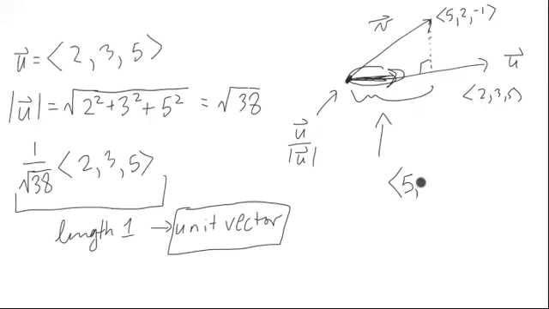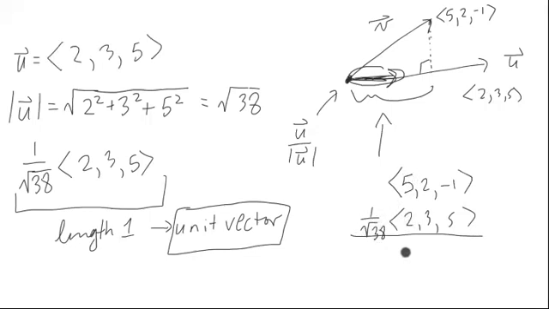If we have 5, 2, -1, that's v, and we take u over the absolute value of u, let's just rewrite it with this scaled out. We could multiply this into the components, but let's just keep it out for the dot product calculation. It makes it simpler. 2, 3, 5. Then we simply take the dot product, add, and then multiply by this, which we'll call a scalar because it rescales the vector, but it's just a number.